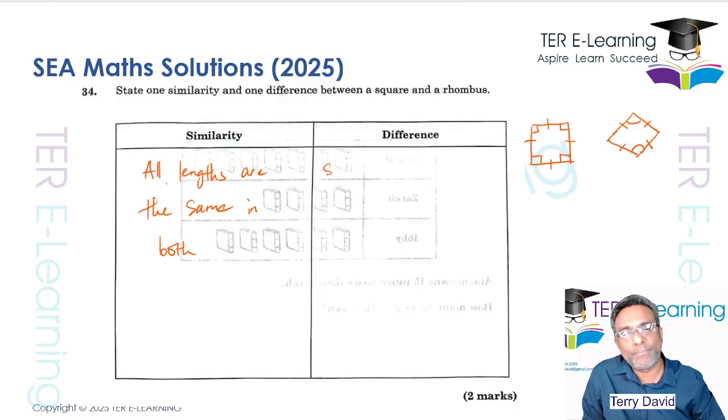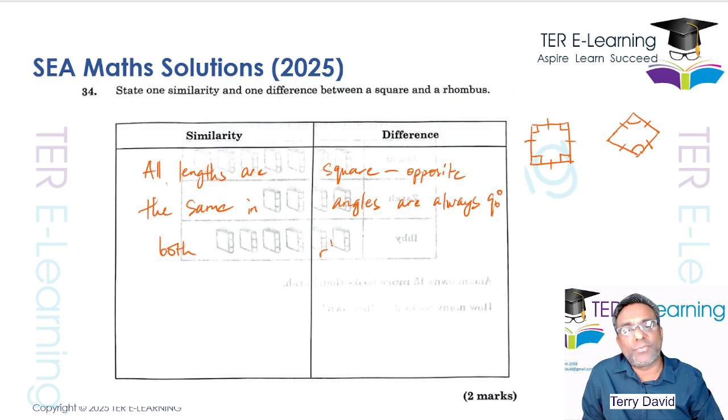So the square, opposite angles are always 90. So that's for the square.